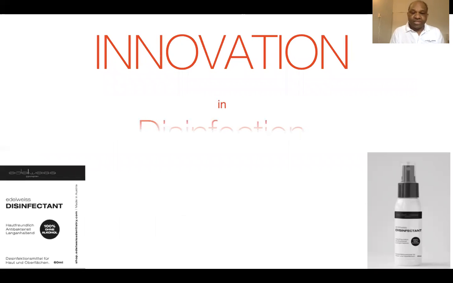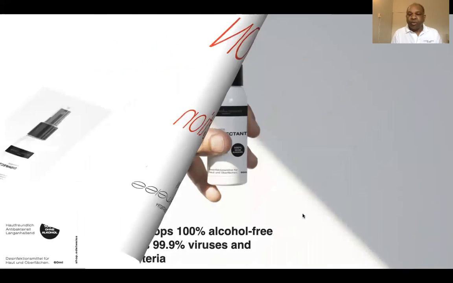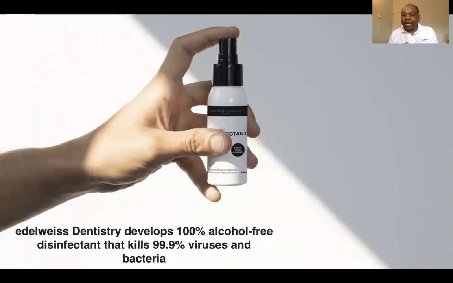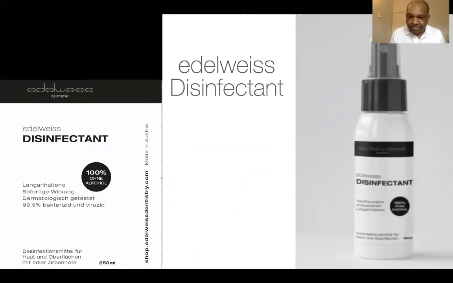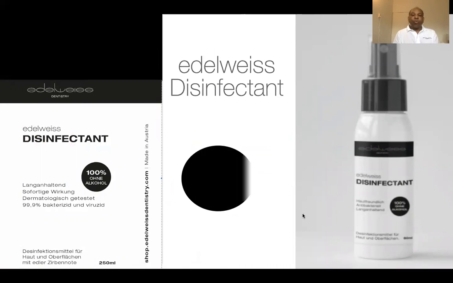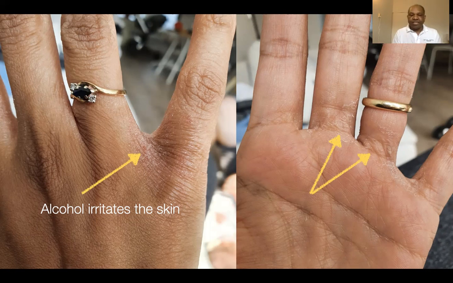Because of this, Edelweiss has come up with an innovative disinfectant which kills 99.9% of viruses and bacteria and is 100% alcohol free. So why did Edelweiss make a disinfectant that's 100% alcohol free? Because this is what happens with continuous use of alcohol-based disinfectants.